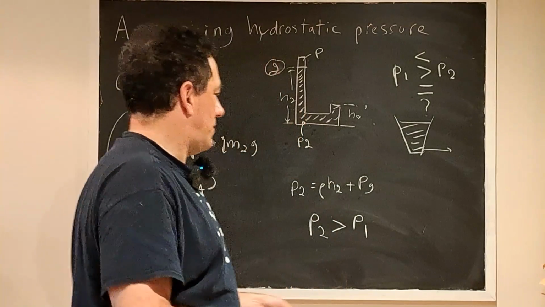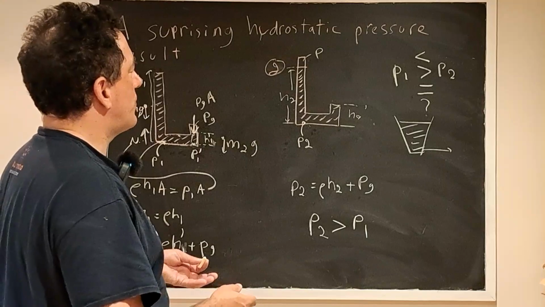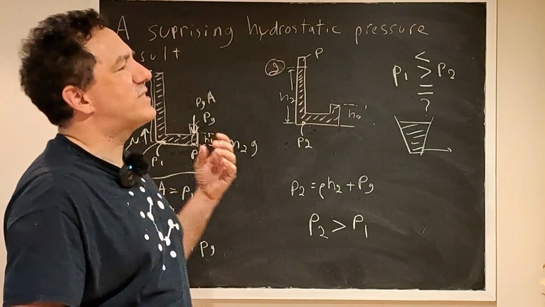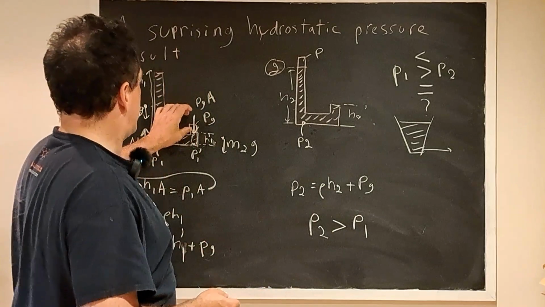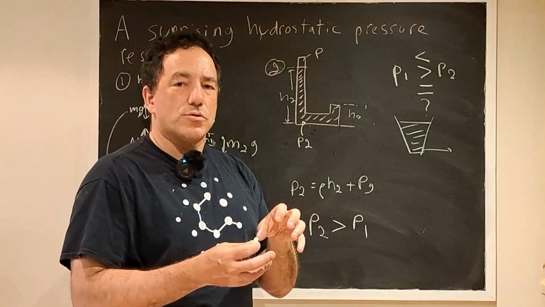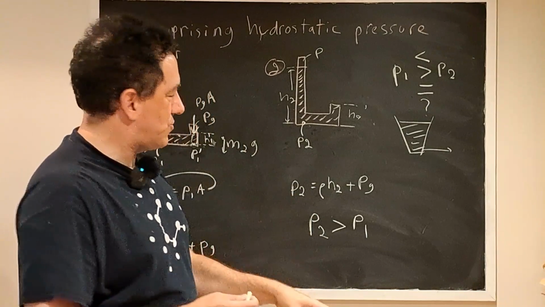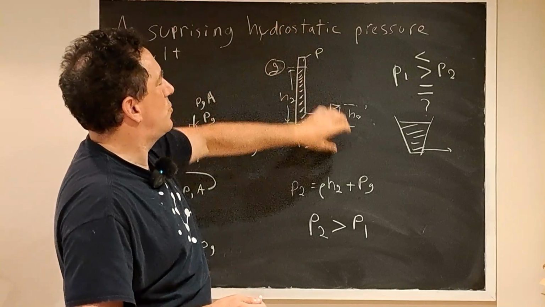And now that we've done all the calculations from first principles, we could try to understand physically what's happening. What's happening is that this gas here has been compressed and it exerts a certain force. And the force that the gas exerts on the water column will be independent of its position in the water column.